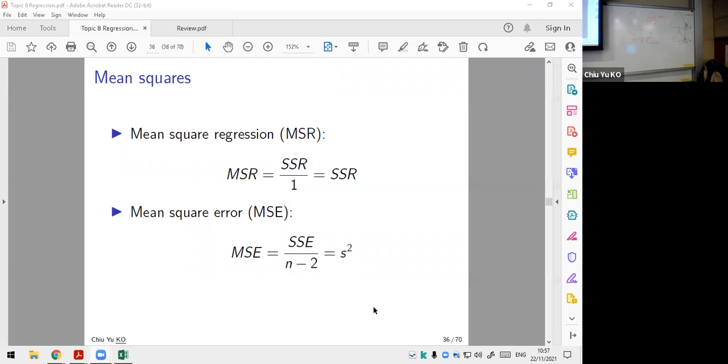You can calculate the SSR for each data point, and the average of those is called MSR. And you want to look at the variance of all this. Look at this point here.